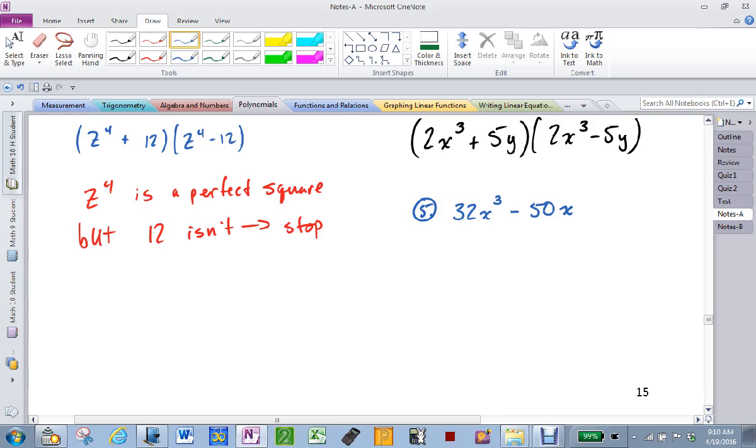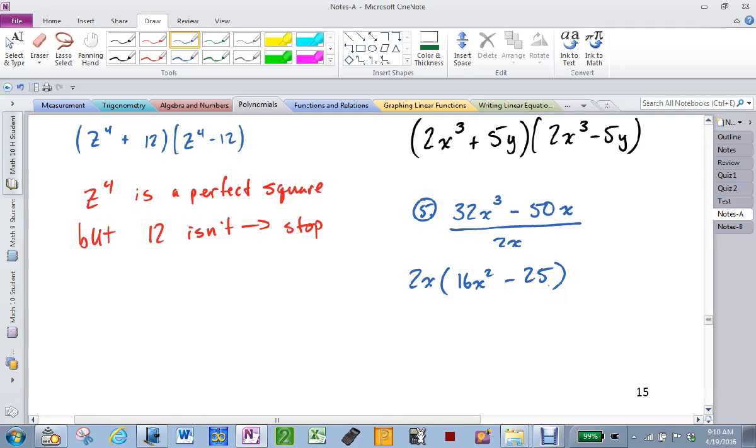Nope. 2 and x. So let's take out 2x. Everybody cool? So we write 2x, and what's left in there? 16x squared minus 25. Now look at it.